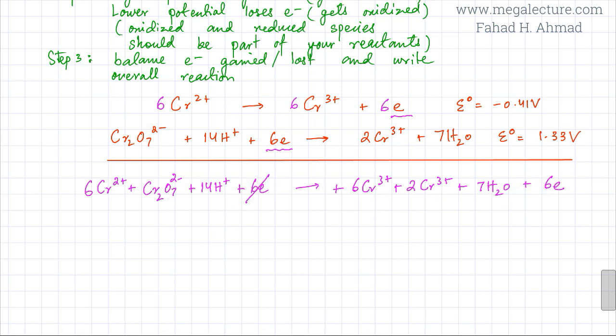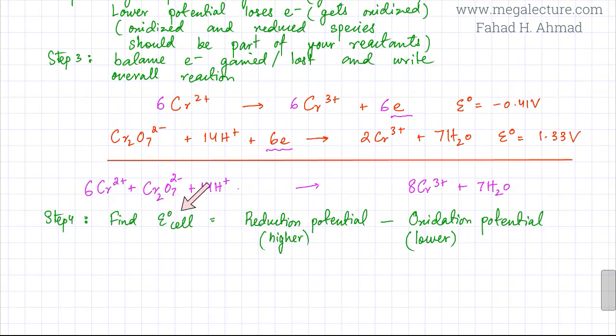These electrons are going to get cancelled out, so let's remove those electrons. The Cr3+ would sum up to be equal to 8 Cr3+ ions. So the overall equation is going to be 6 Cr2+ ions reacting with dichromate ions, acidified, producing 8 chromium 3+ ions and 7 water molecules. So this is my overall redox reaction that I have predicted.